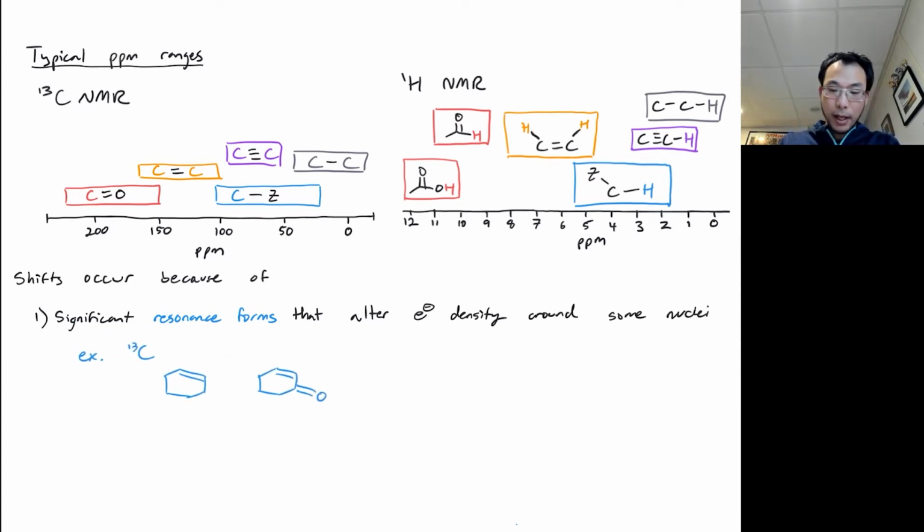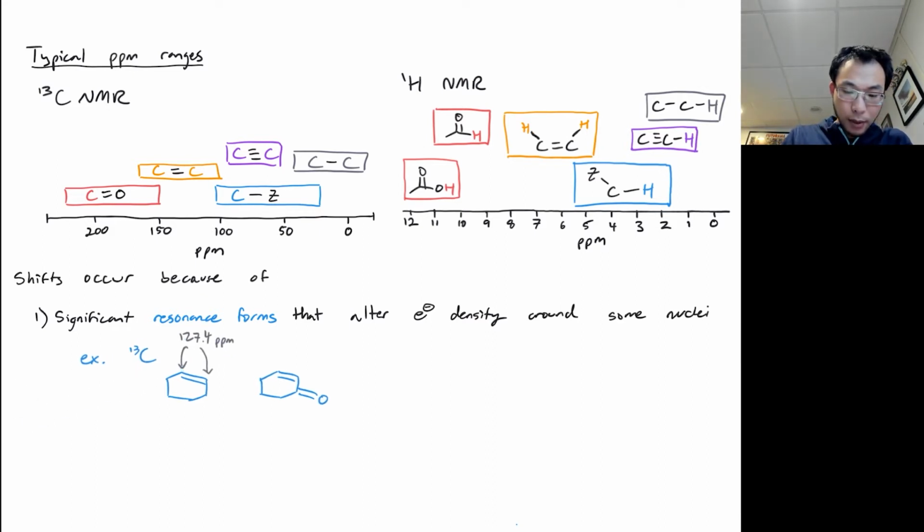To give you an example, we can compare these two molecules, cyclohexene versus cyclohexenone, where we have the carbon-carbon double bond in both cases, but because of the carbonyl here, we're introducing a little bit of resonance. If we look at just the cyclohexene, we'll find that the two sp2 carbons will have a chemical shift of about 127 ppm.